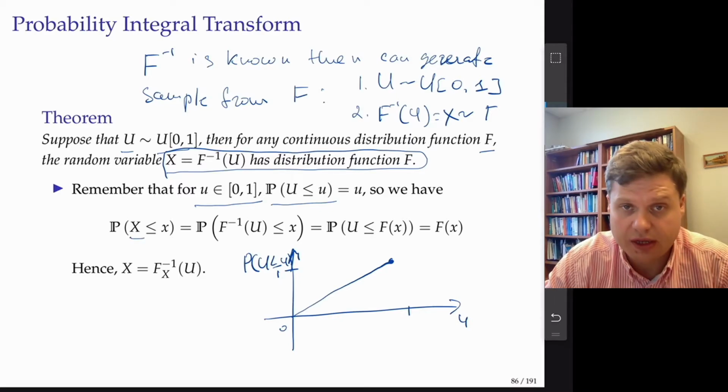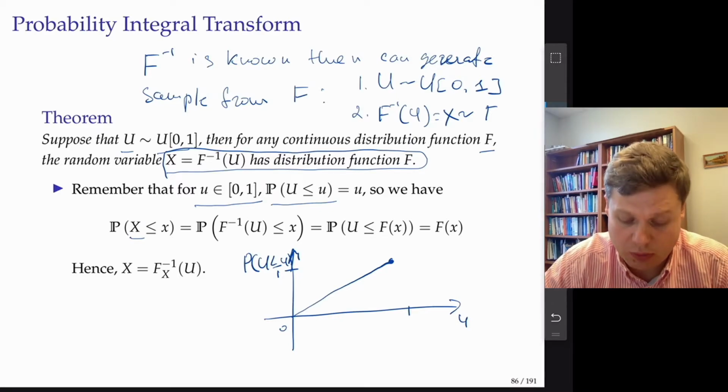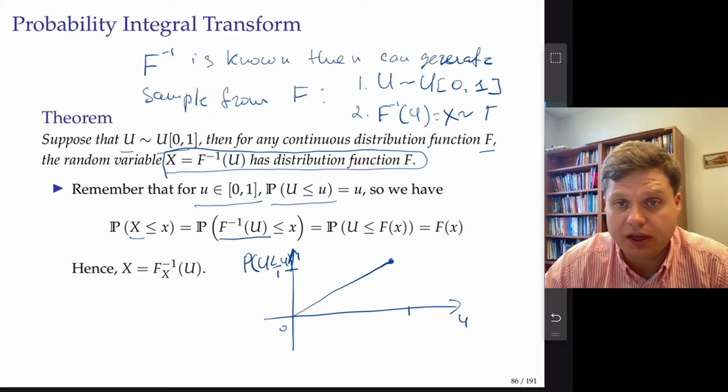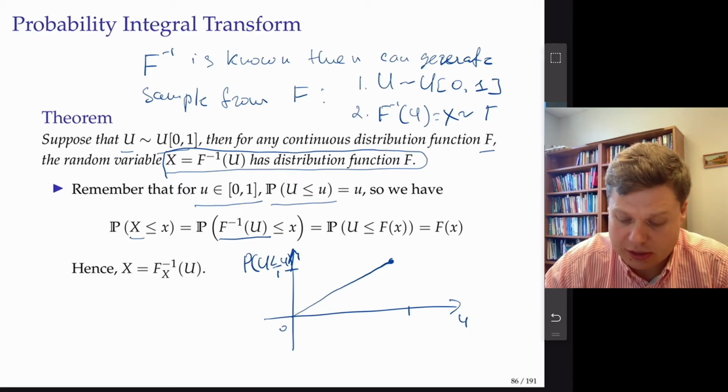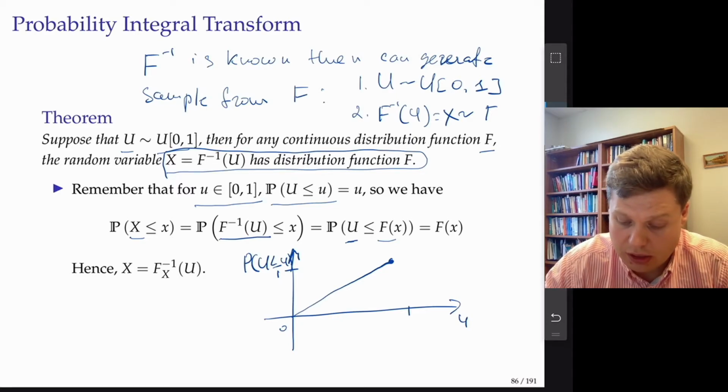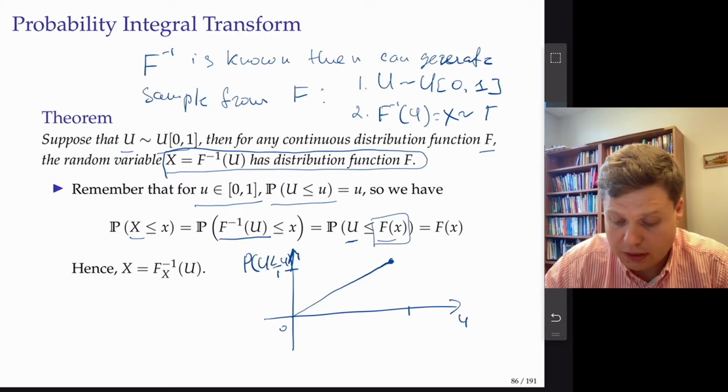So the distribution of X, the probability that X is less than or equal to small x, we replace X with F inverse of U, and then we apply F on both of the sides. So on the left hand side we have U, and then F of x on the right hand side. And again, since U is uniform here, we know that the distribution function for the uniform is just the value of x itself.